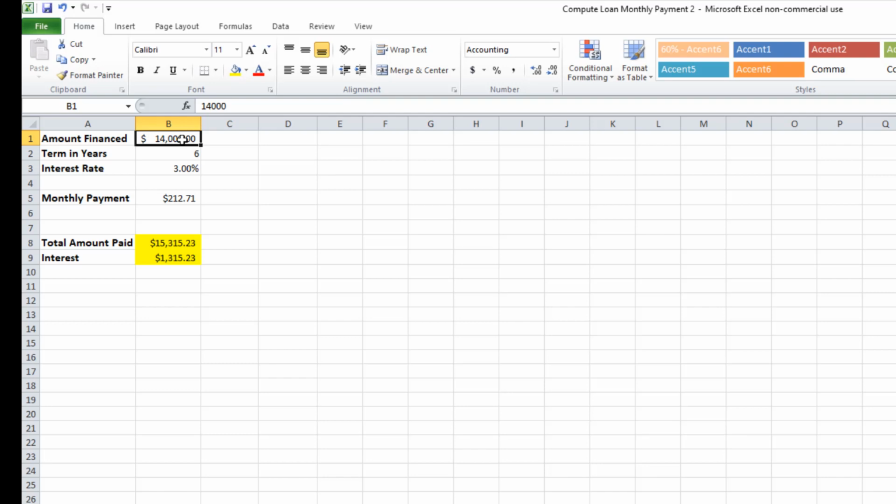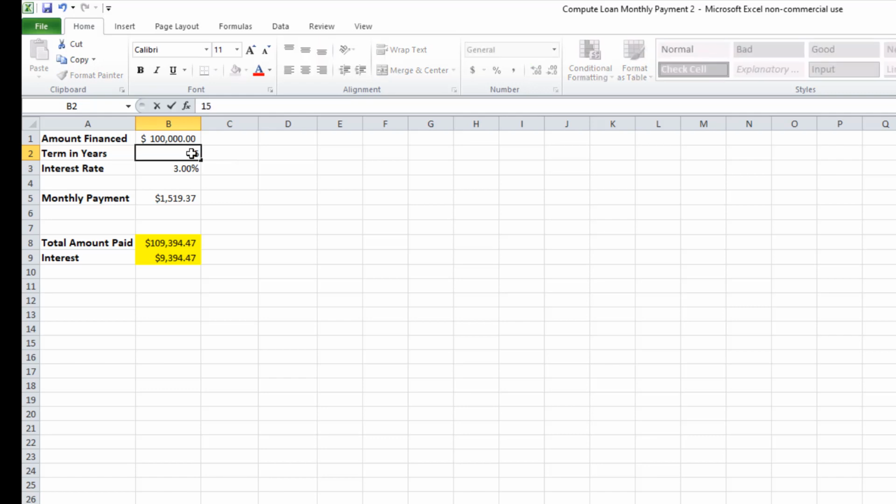Let's suppose you buy a house and you're going to finance $100,000, and let's say you want to pay it off in 15 years. Put 15 there, and let's say your interest rate, you got a good deal, is 2.5.